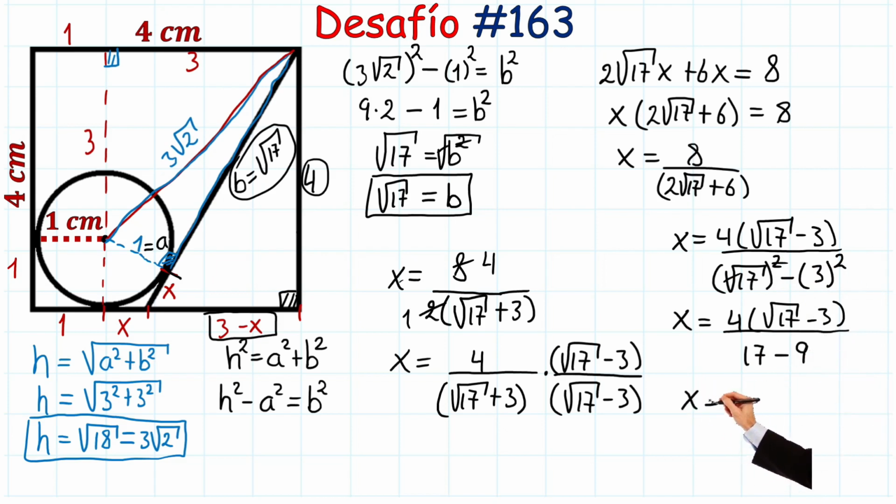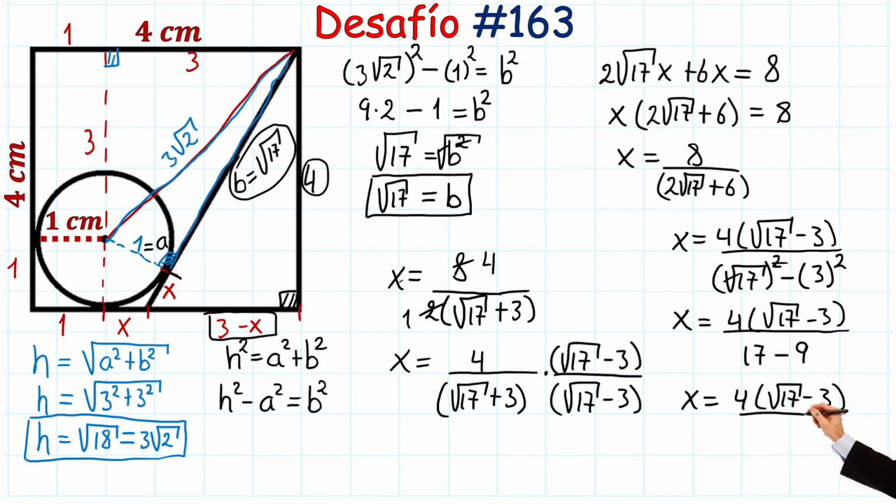So we have 4 times the square root of 17 minus 3 over 17 minus 9, which is 8. So we can simplify the 4 and the 8. Done. And now we have a well-reduced solution. We have simplified the solution. We can't simplify it further, so we stick with this.